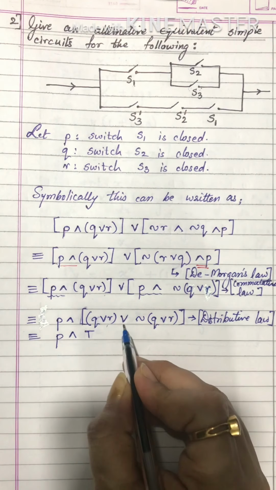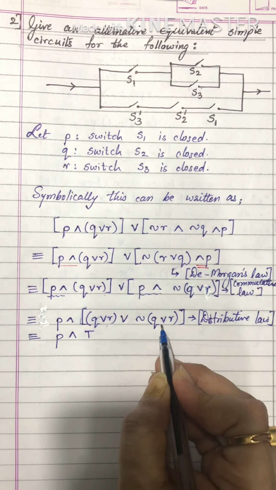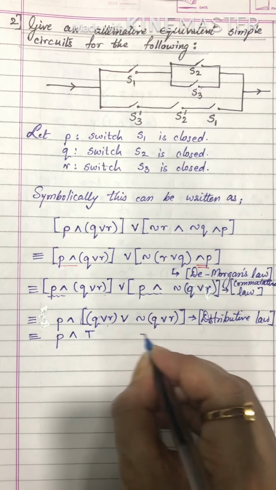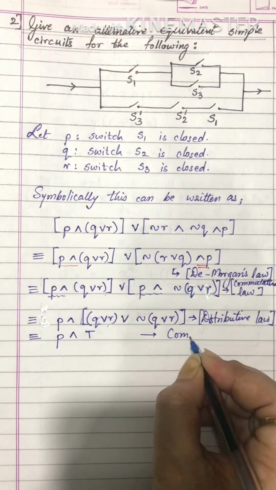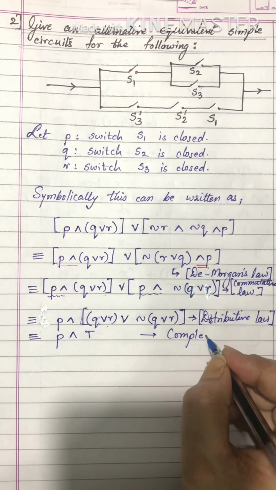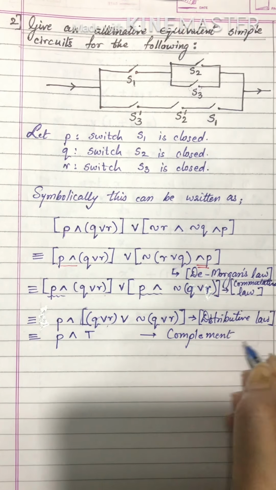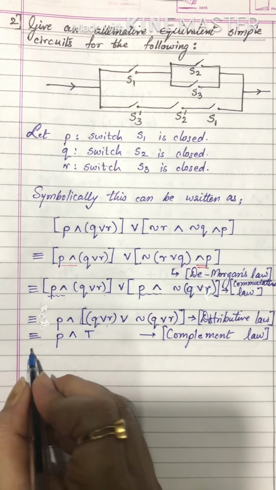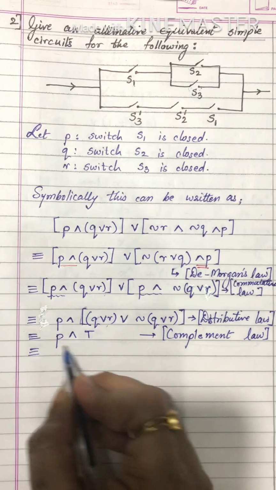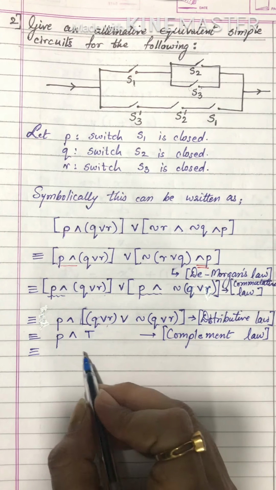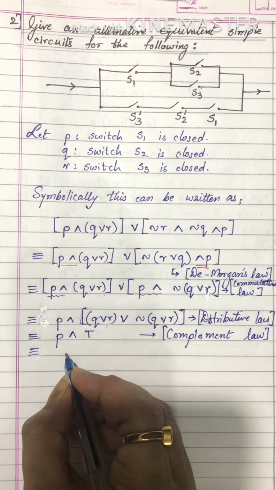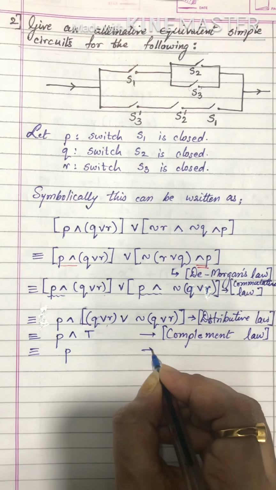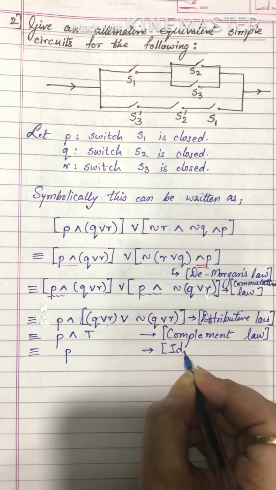So P or negation P gives you T, and if you remember by which law, it's very fine. That means your practice is going correctly, or else please do practice the algebra of statements sums. Okay, this is the complement law, and then P and T ultimately gives you P, and this is our identity law.